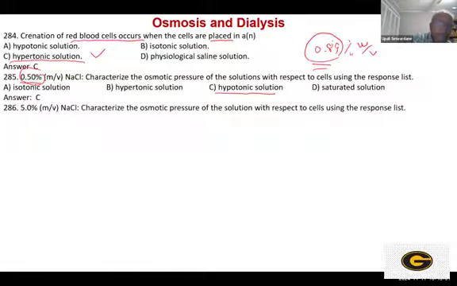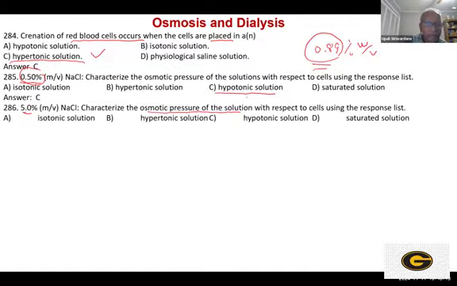Now 5.0 is higher. It should be higher than the concentration of cells.